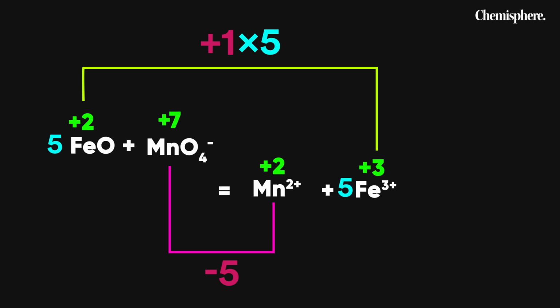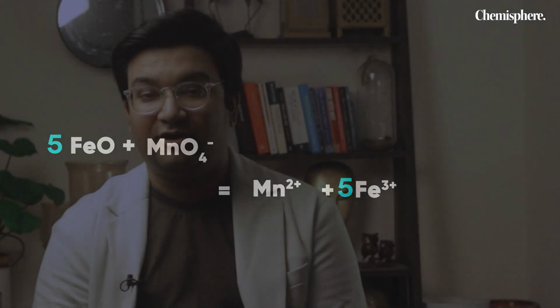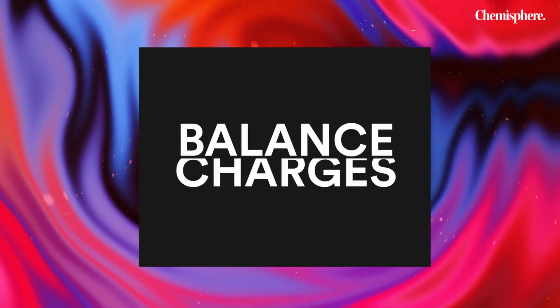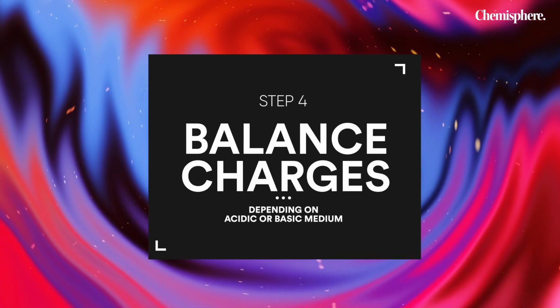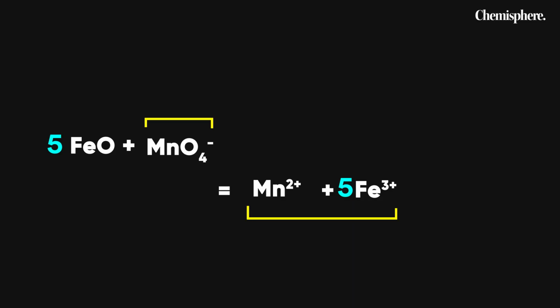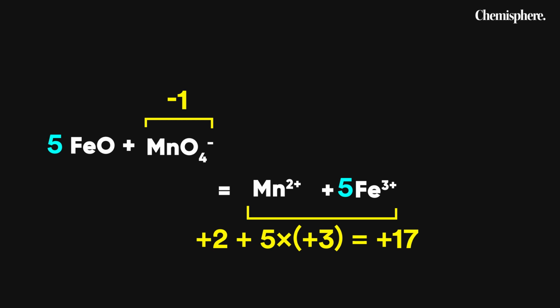Now that we have equated the increase with the decrease, we can proceed to balance the charges. On the LHS, there is 1 minus charge. On the RHS, we have 5 into 3 plus, which is 15, and 2, which is 17 plus charges.